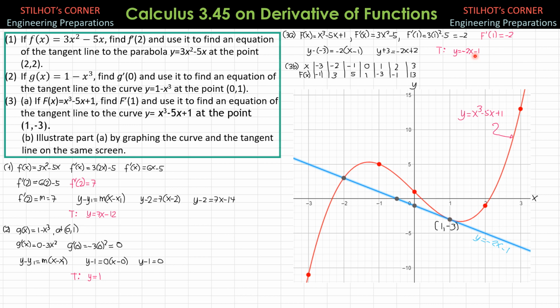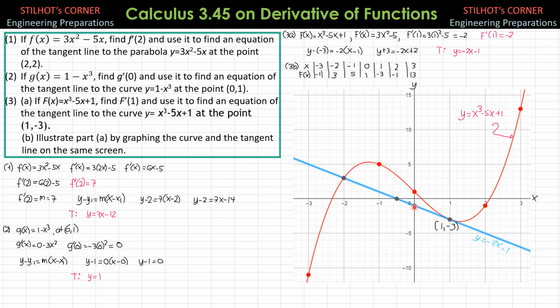So the tangent has slope negative 2 and y-intercept negative 1. The scaling of the y-axis is different so that we can see the smooth cubic curve. So that's negative 1 and this is negative 3.